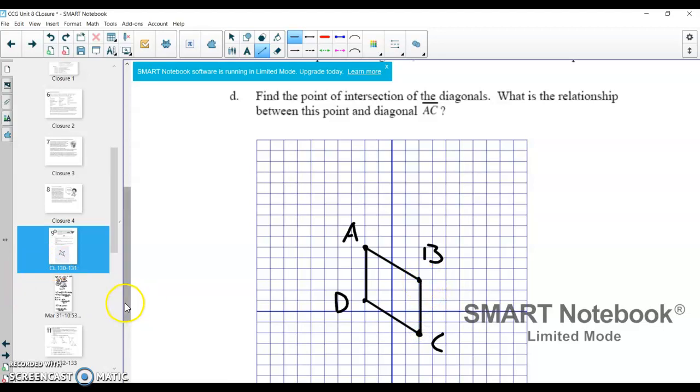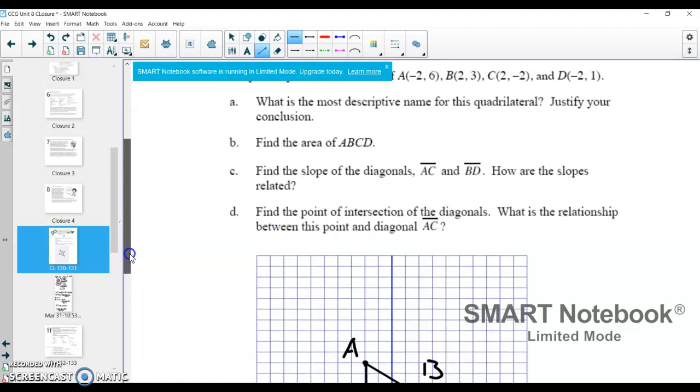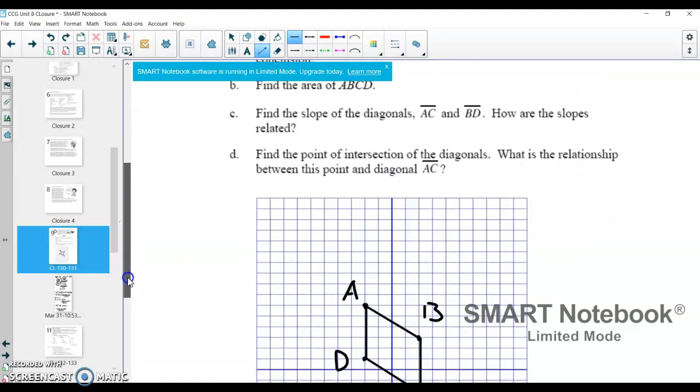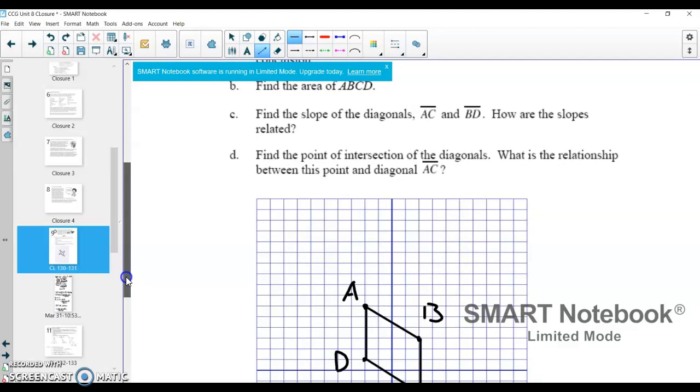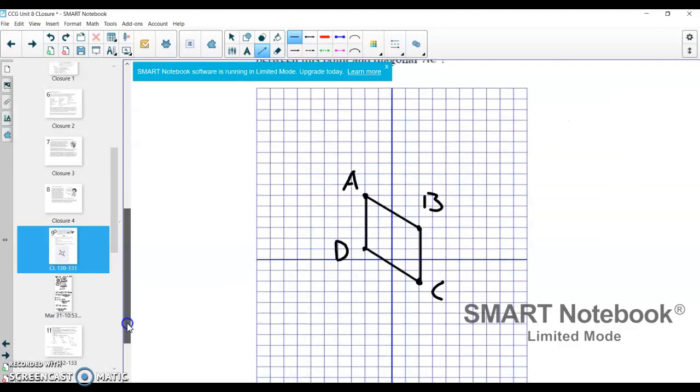All right, I can start evaluating it as it is right now. It's saying for part A, what is the most descriptive name for this quadrilateral? Well, I don't really know yet, and I only have a minute left in this video, so I'll continue this problem and the next problems in the next video. But just looking at this quickly, I can see this has the shape of a rhombus or a parallelogram.